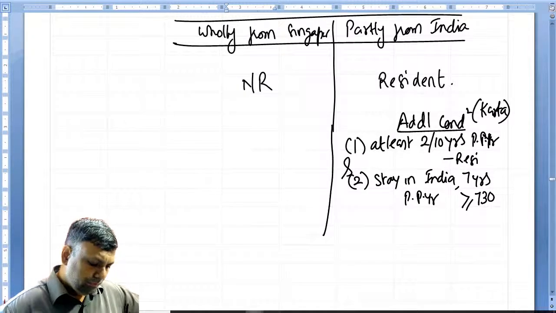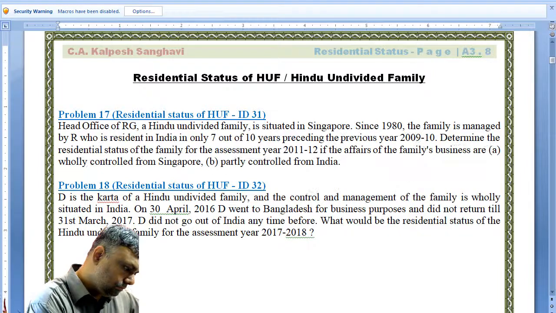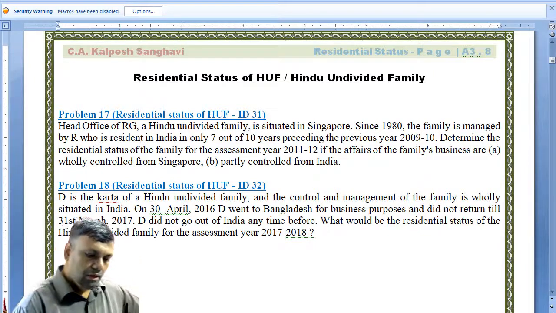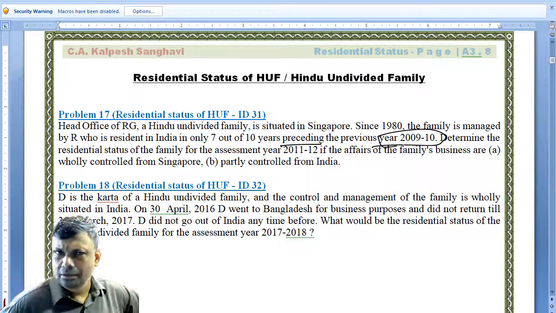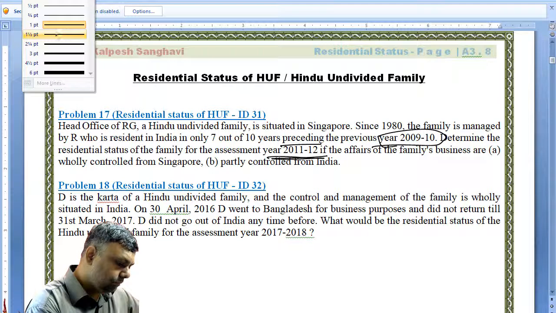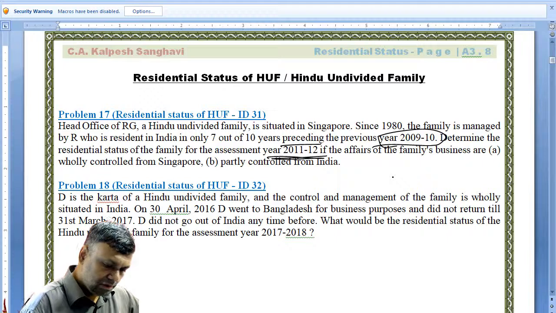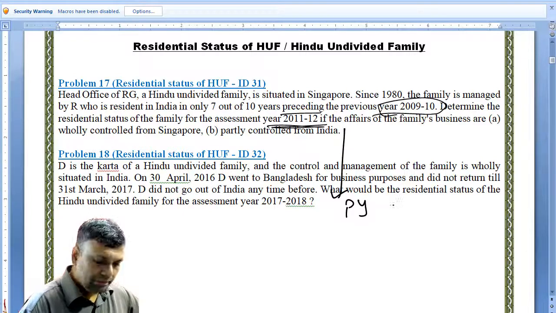Now come to the question, friends, back to back. Preceding the previous year 9-10. Just a logical thing I am telling. Ultimately you are discussing assessment year 11-12. So ultimately you are discussing previous year 10-11.